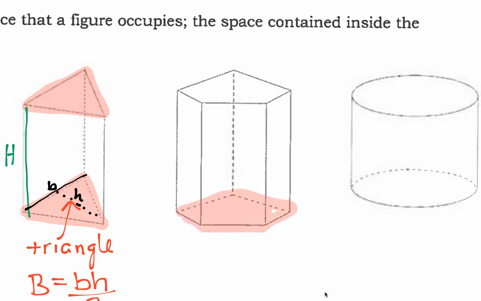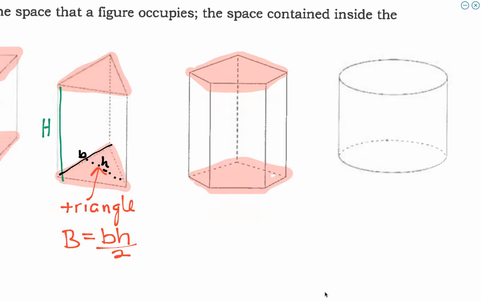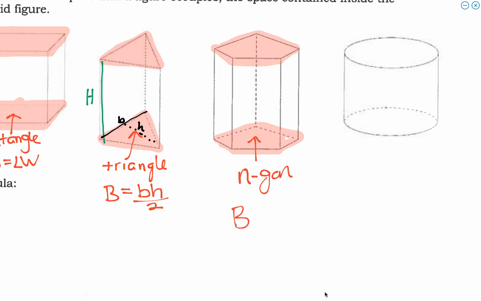Here we have a pentagon. Since it's a prism, that same pentagon is on top. But it doesn't matter if it was a hexagon or a heptagon. We're going to just say, like we have in Unit 2, this is an n-gon. So B equals little a times P divided by 2.